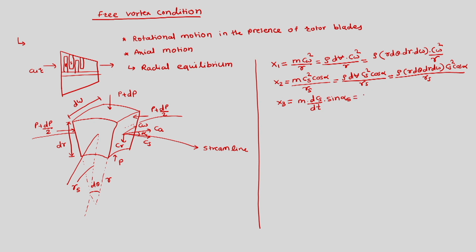So we again have rho dV into dCS by dt into sin alpha. So X3 is equal to rho r d theta into dr into dw into dCS by dt into sin alpha.